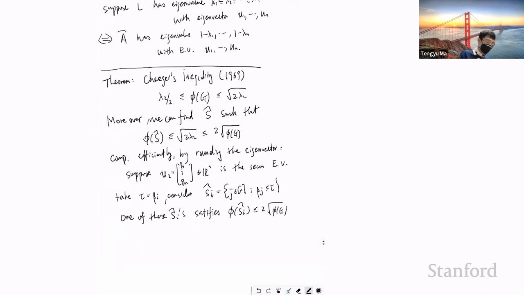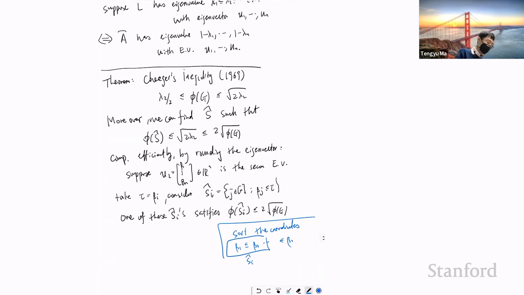So what you really are doing is the following. In plainer language, you first sort the coordinates, and you get beta 1 less than beta 2, and so on, less than beta n. Then S hat i is the first i coordinates, and one of these cuts will be a good cut.